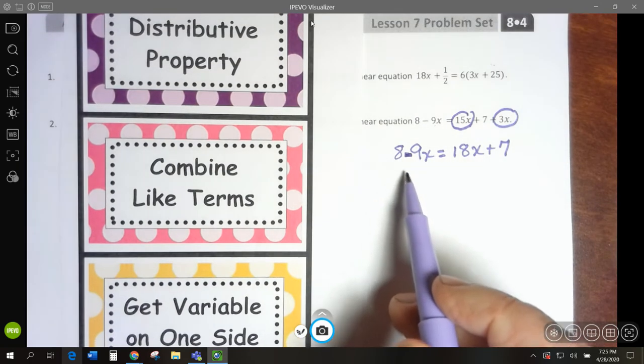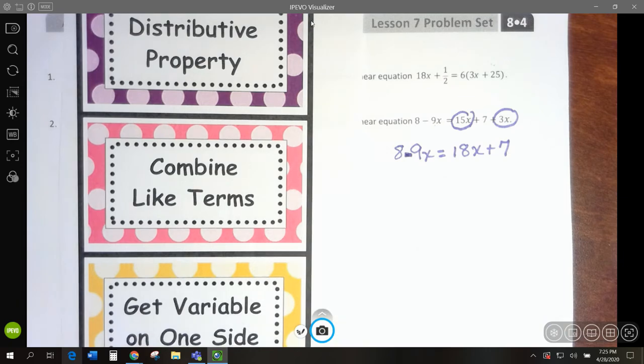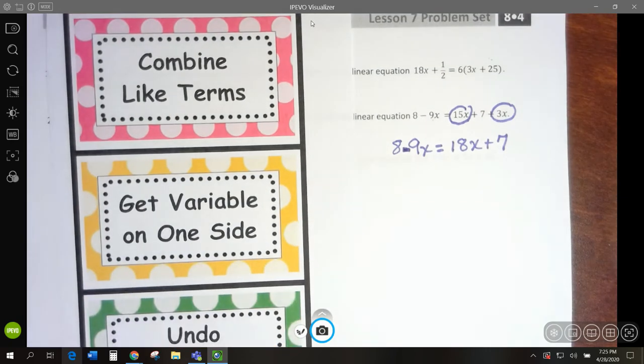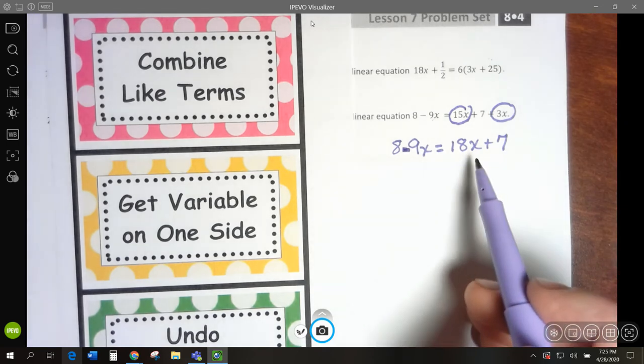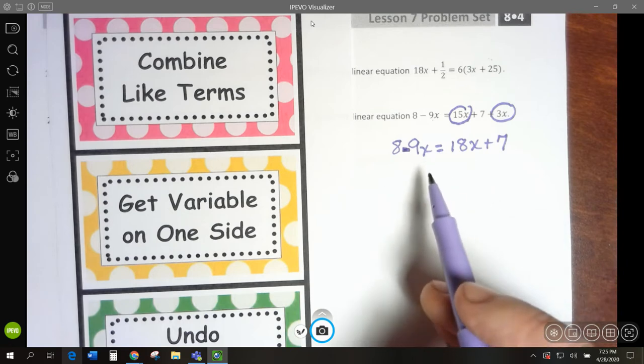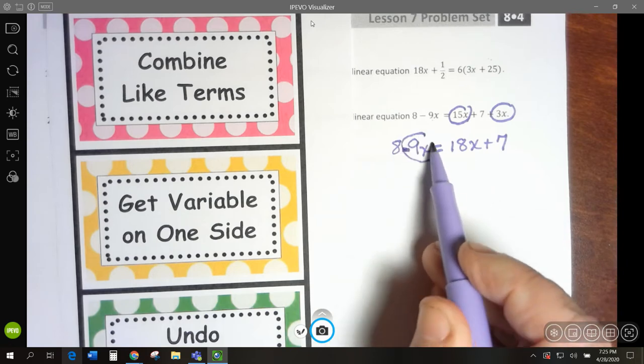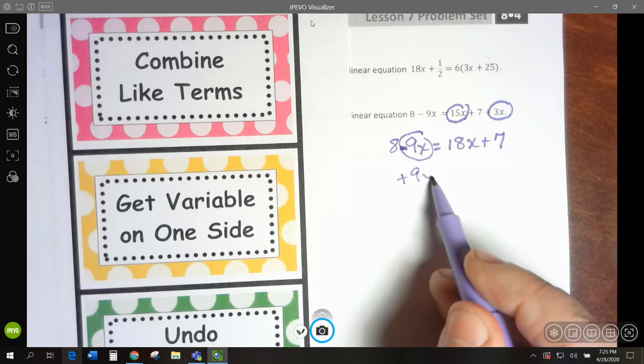Here we have to first get rid of our variables on one side. So we get rid of the variable with the smallest coefficient, which is the -9 as compared to the 18; -9 is smaller. So to get rid of the -9, we're going to add 9x to both sides.